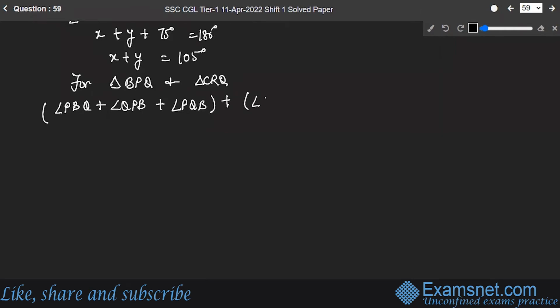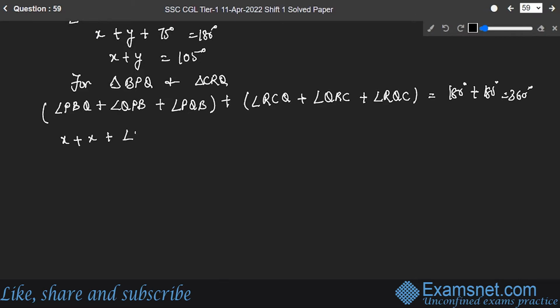Plus angle RCQ plus angle QRC plus angle RQC is equal to 180 degrees plus 180 degrees, that is equal to 360 degrees. This is X plus X plus angle PQB plus Y plus Y plus angle RQC is equal to 360 degrees.